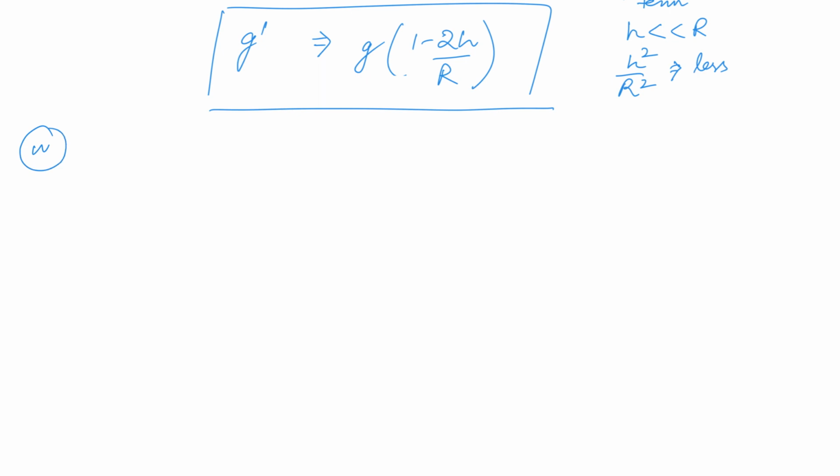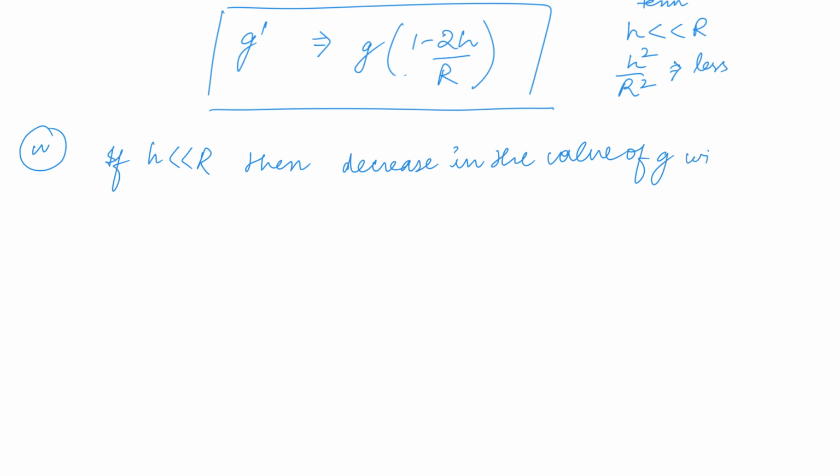Now, if h is very much less than R, then the decrease in the value of g with height, if we talk about the absolute decrease, is nothing but the difference, so g minus g dash.